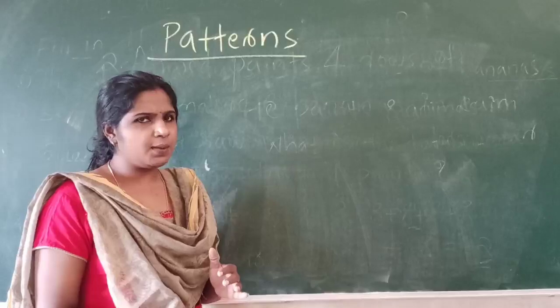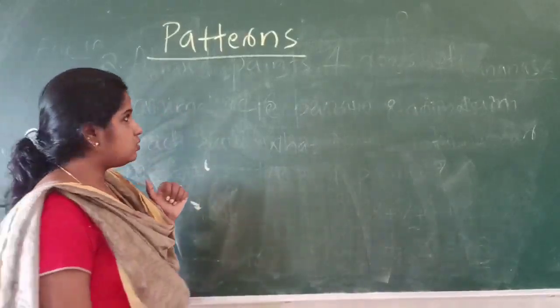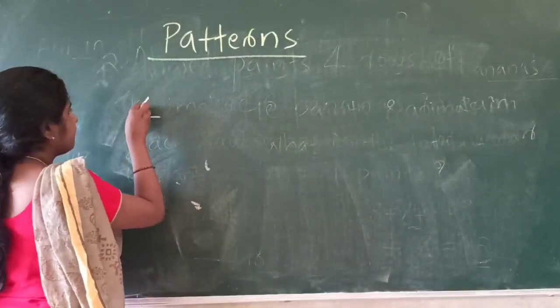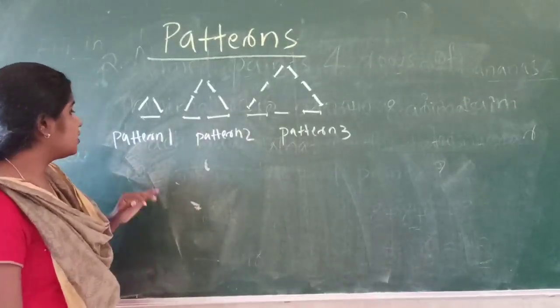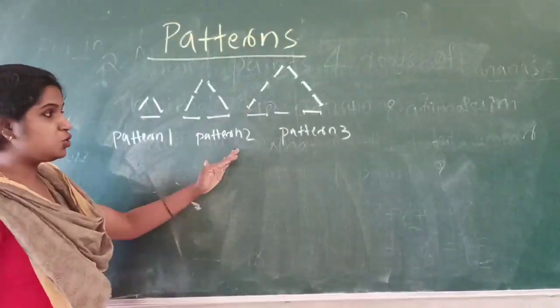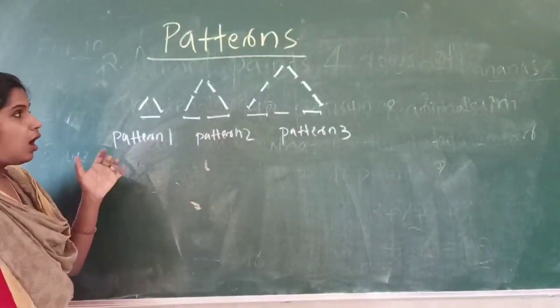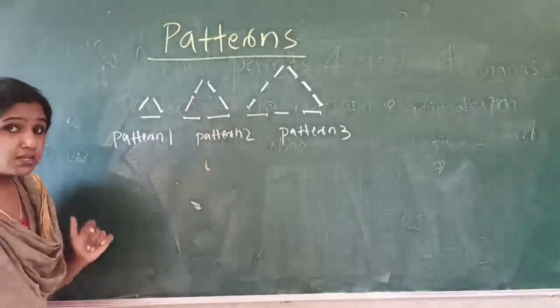Now we can study some patterns. Let's see. The first pattern is... can you see the patterns? Yes. Pattern 1, pattern 2 and pattern 3. Can you say how many sticks are here in pattern 1?